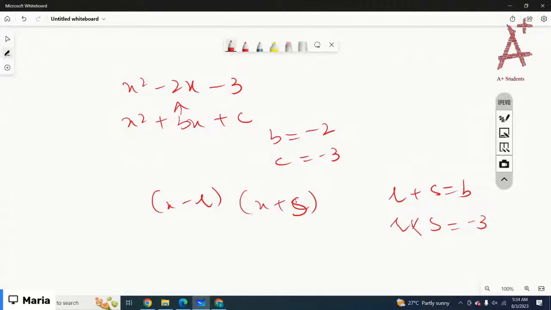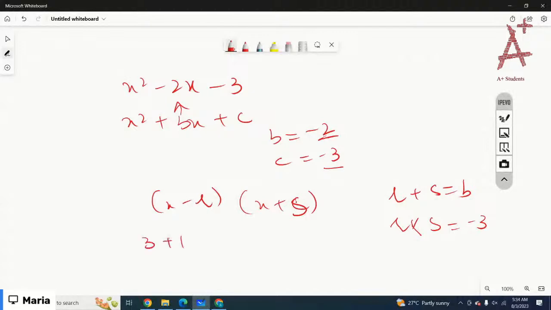That means you have to find two numbers. When you add them they make negative 2, and when you multiply them they make negative 3, right? So think of the two numbers: when added they make minus 2, and when multiplied they make minus 3.